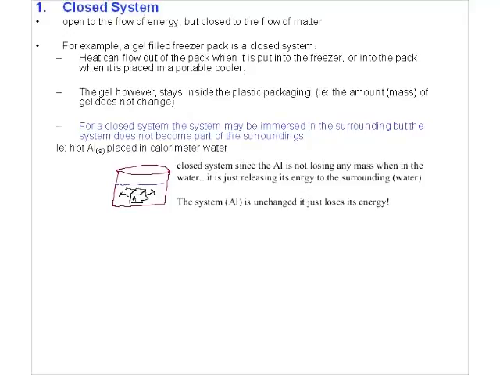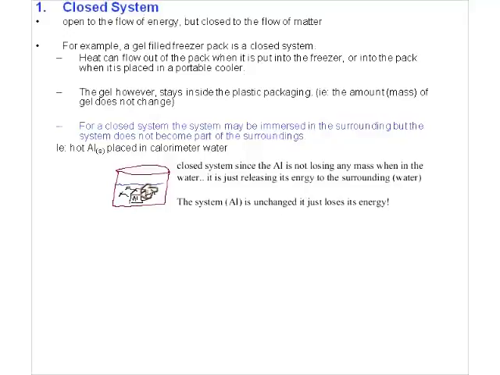Here's another example. If I take a chunk of hot aluminum and throw it in water, and I can measure the change in energy of the water, it's the cooling off of the aluminum that I'm studying, so that's my system. The aluminum is releasing its energy, so it's an exothermic cooling process. It's releasing its energy to the water. The water's going to warm up.